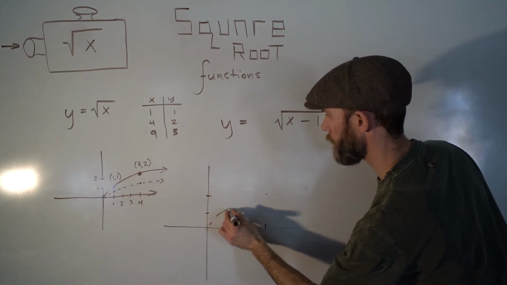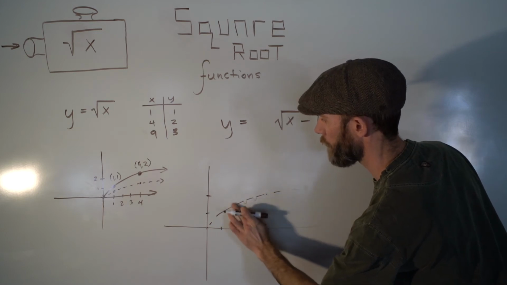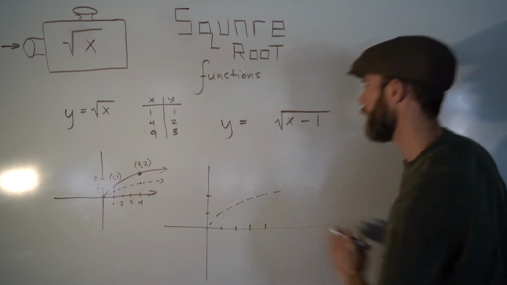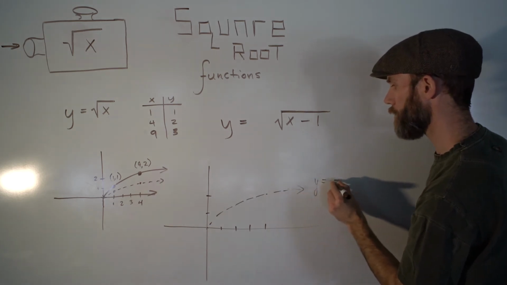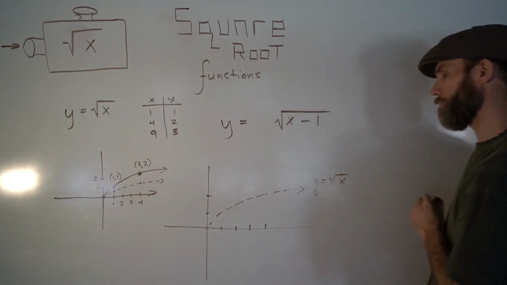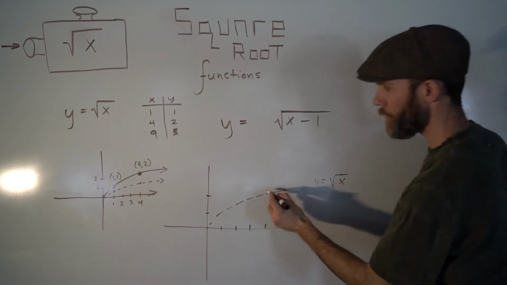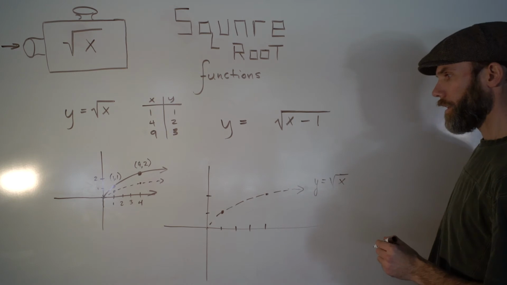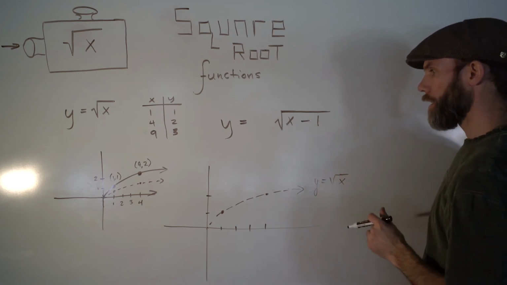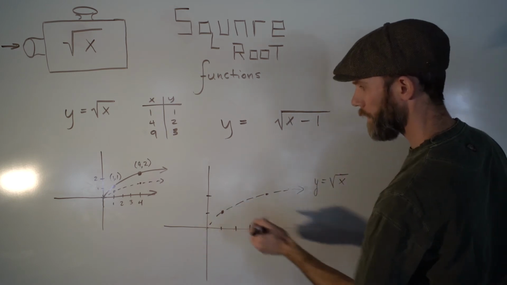So our parent function is this nice kind of curve. Okay, I'm just gonna clean that up a bit. So yeah, that's y equals root x. It's our parent function. Okay, so we want to do this. So I put in a 1 to get this, right?